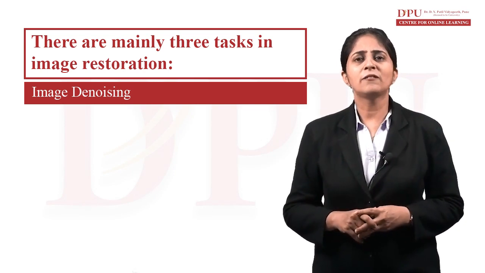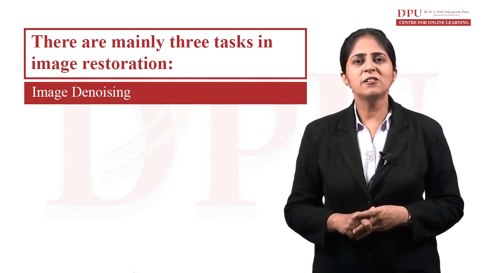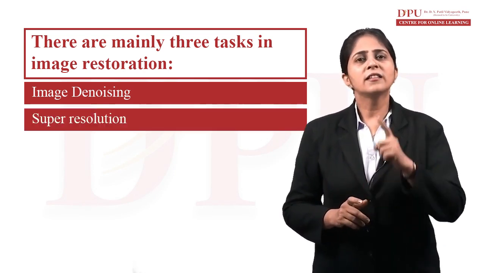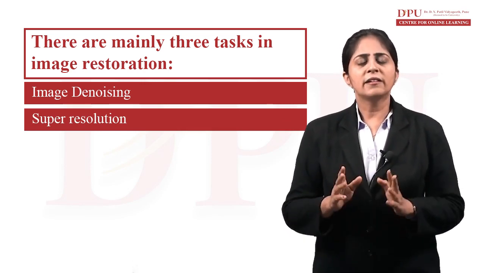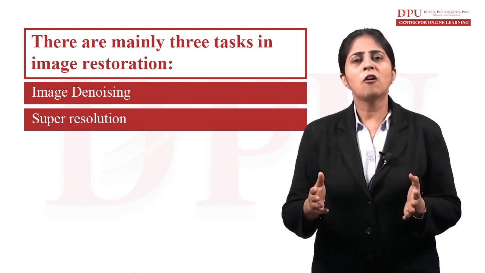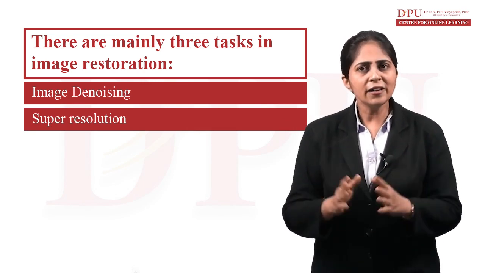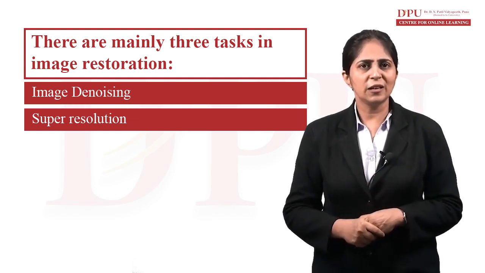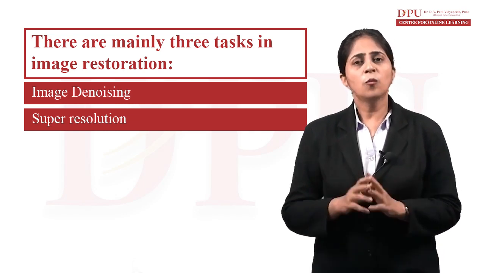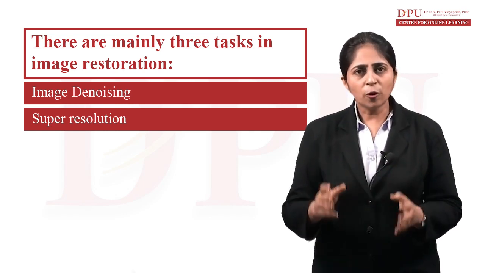The second task that we need to perform during image restoration is super resolution. Super resolution refers to the task of producing a high resolution image from a set of low resolution images.